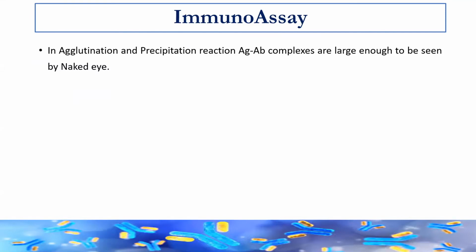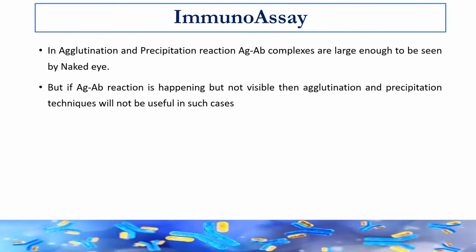In agglutination and precipitation reactions, antigen antibody complexes are large enough to be seen by the naked eye. But if antigen and antibody are reacting and the reaction is not visible, then agglutination and precipitation techniques will not be useful to us. In such cases, what techniques will we use?